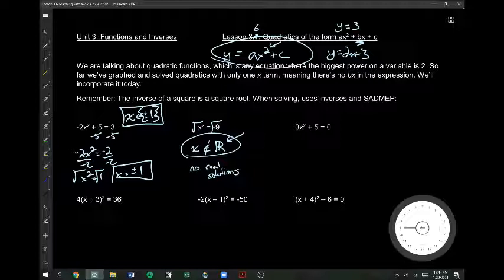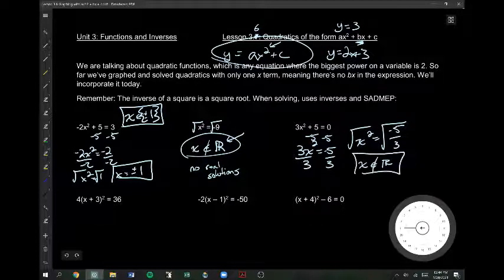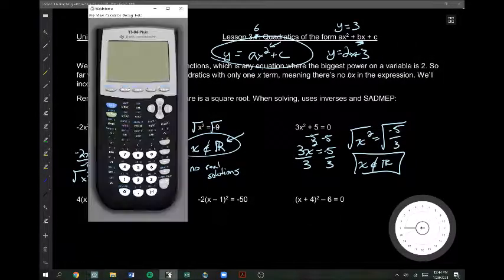So if ever you have a square root that's equal to a negative, so here I'm going to have x squared equals negative 5/3. When I square root both sides, I'm just going to have to say x isn't a real number that I can use to solve this. If you do it in your calculator, if I do the square root of negative 8 or something, my calculator is going to say error.